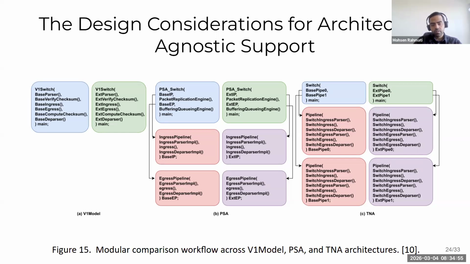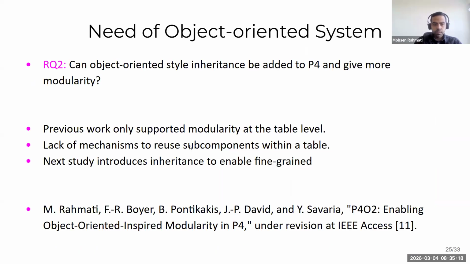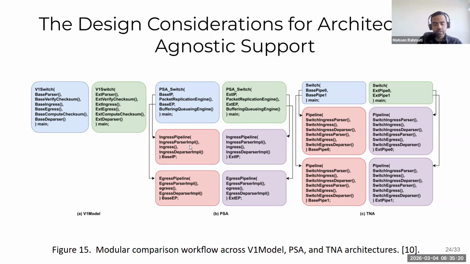For example, for PSA, we have base IP and base EP, and in another code we have extension IP and extension EP, and in each of them we have ingress parser, ingress deparser. And we can recursively compare them like the V1 model.